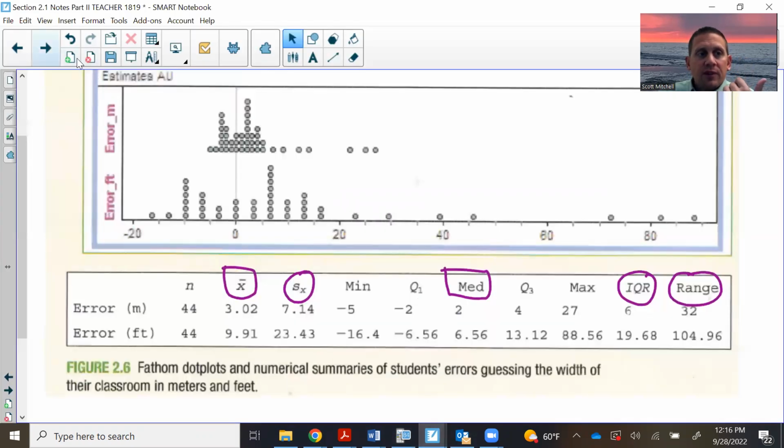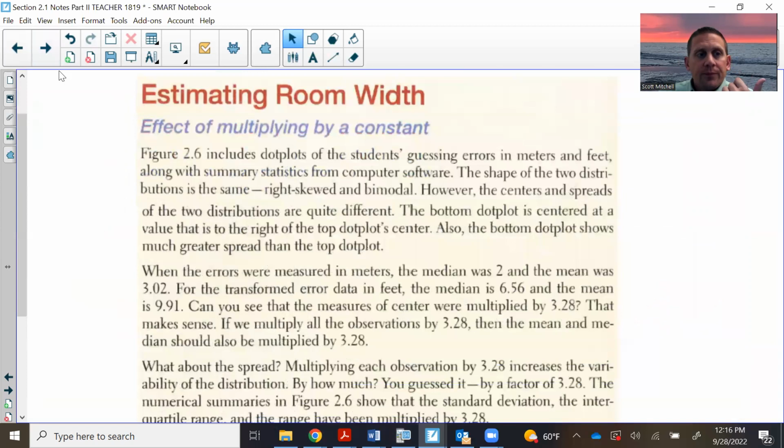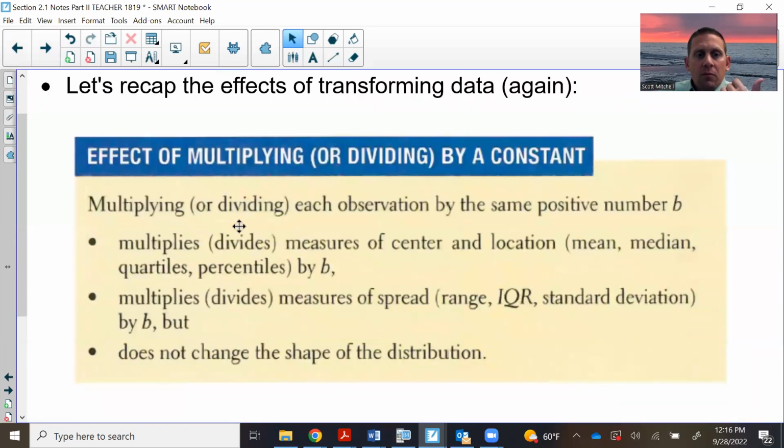So let's try to sum this up here. Multiplying or dividing, because dividing is the same thing as multiplying by a fraction. The measures of center and location, mean, median, quartiles, and percentiles, are going to change by that multiplier of B. In this case, it was 3.28. That's what we multiplied by.